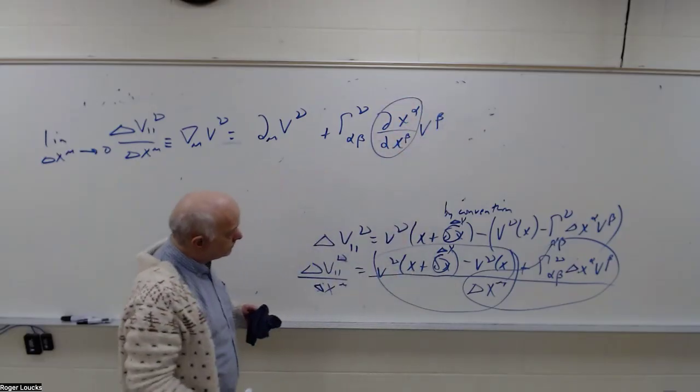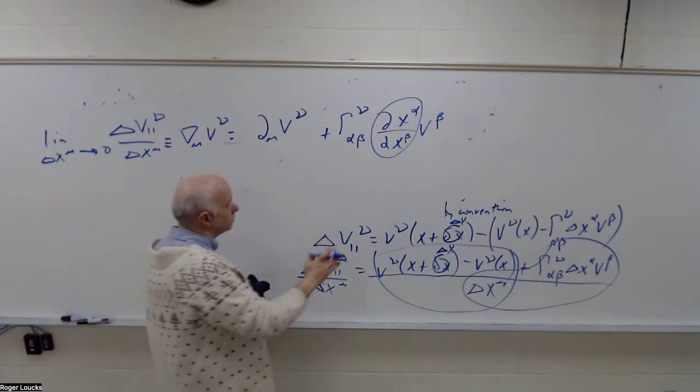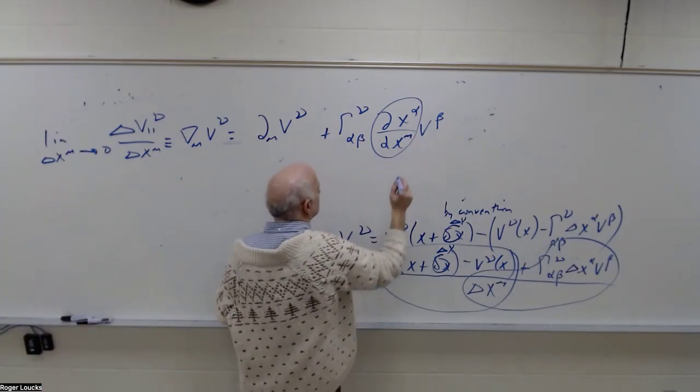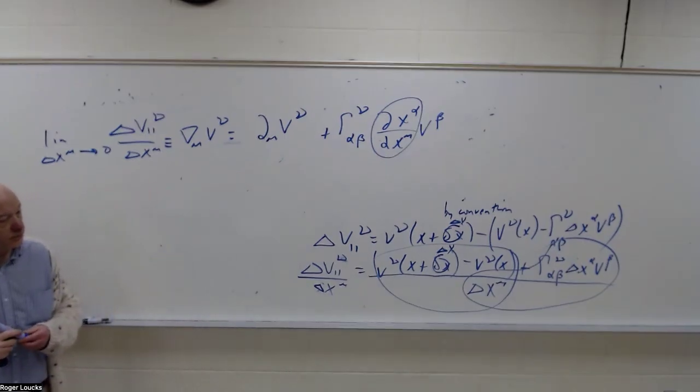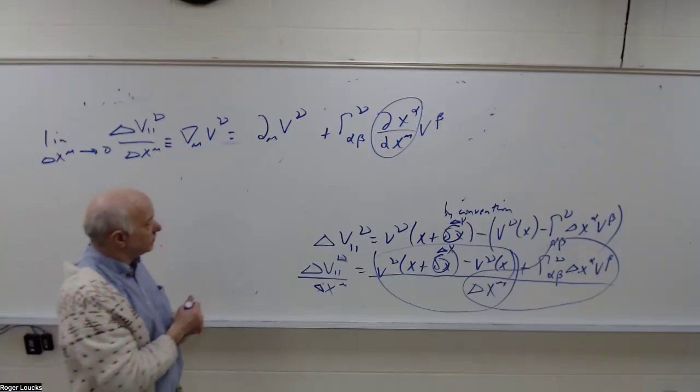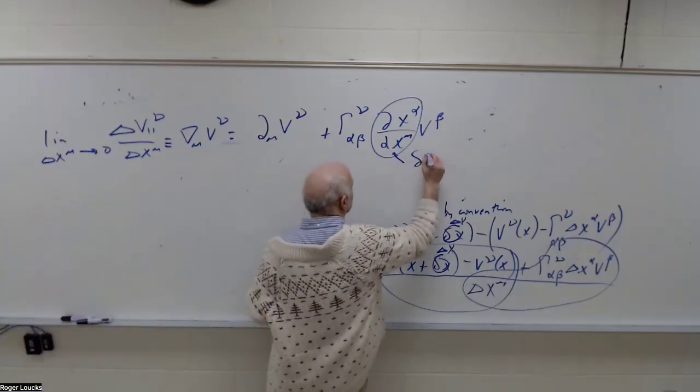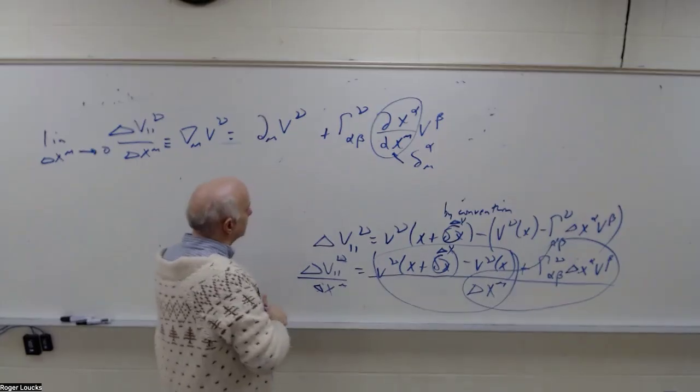And that has a name. Oh, this is a mu. That's our Kronecker delta. Okay, so this is our delta alpha mu.